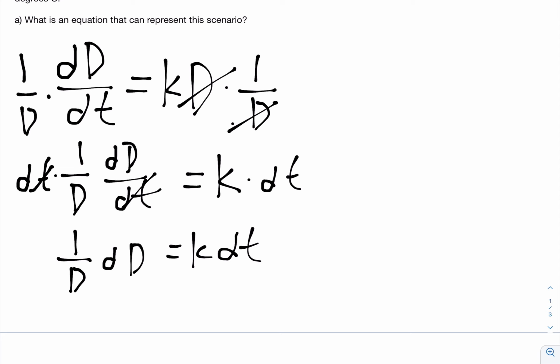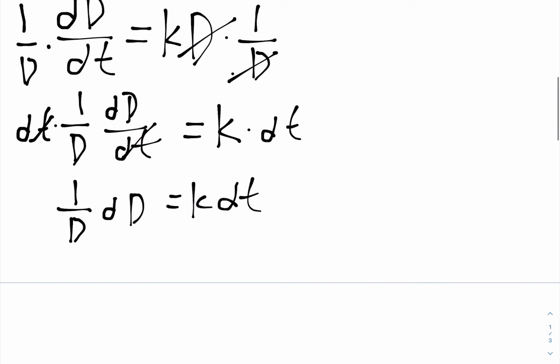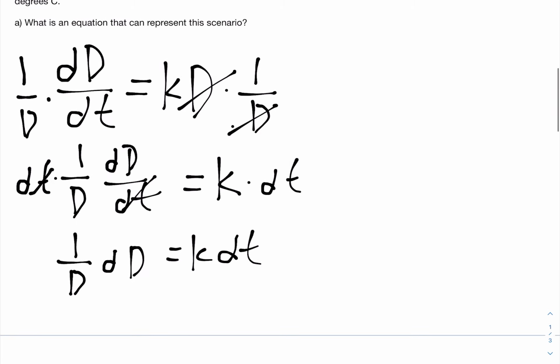So you might be saying, well, how did you know we wanted to divide by D and then multiply by dt on both sides? The reason is because ultimately we're trying to find an equation for the difference in temperature, and the way to do that is to isolate for D. And you might say, well, why didn't we divide by k on both sides, like for the first part of the question?